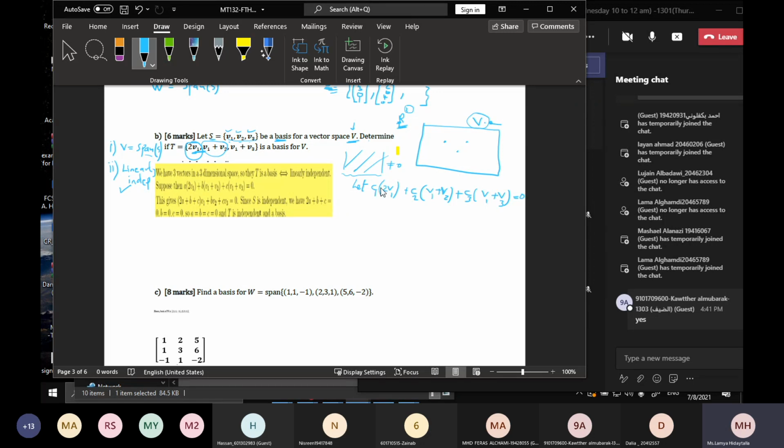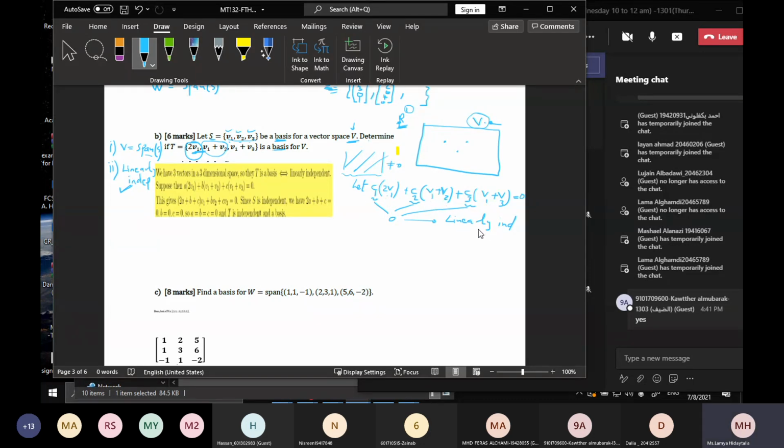If it is a basis, we have to prove that it is linearly independent. To prove that, we have to check the values of the constants C1, C2, and C3. If all of these constants are equal to 0, then this implies it is linearly independent. Correct? But I don't have any information regarding V1 and V2.